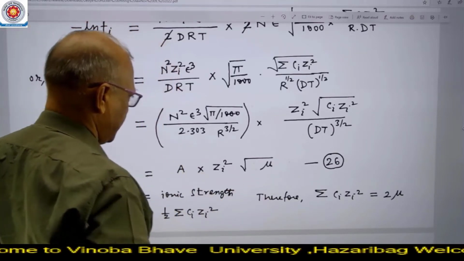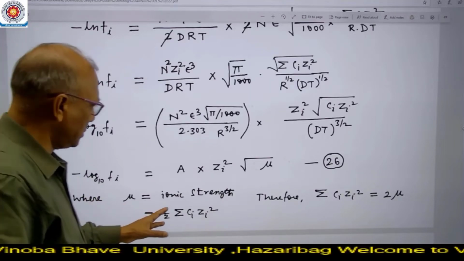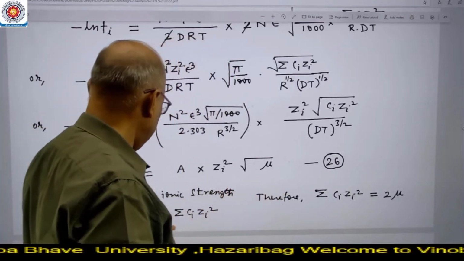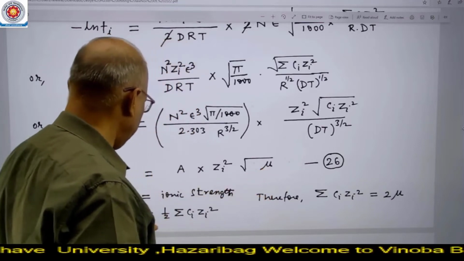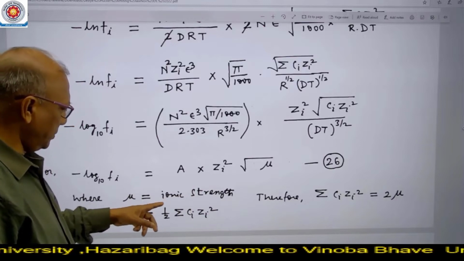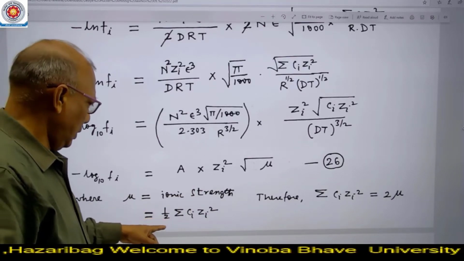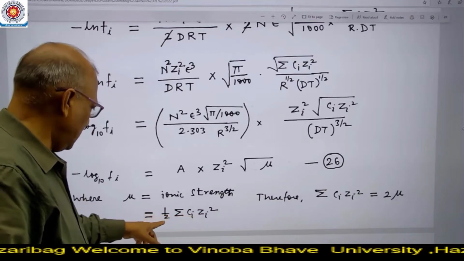equation 26. Now one thing that is very important, which is used as an important term, is ionic strength, denoted by mu. So mu is equal to ionic strength, and the formula of mu is equal to half summation Ci Zi square. So summation Ci Zi square is equal to 2 into mu.